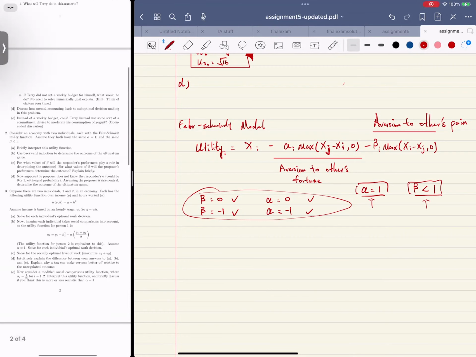Briefly interpret the utility function. I think we just did, right? Okay, so should we go to B?